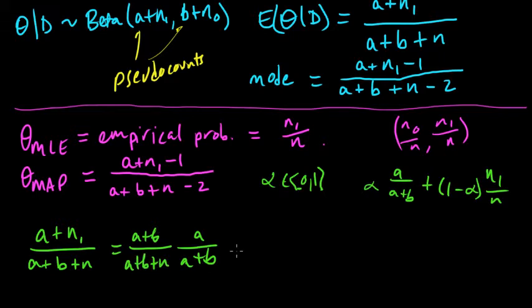Those cancel and give us the first part. And then we have n1 over n times n over a plus b plus n. That cancels and gives us the second part. And so this will be in this form as long as these two numbers add up to 1. And if we add them together, indeed they do. So this shows that this is a convex combination.